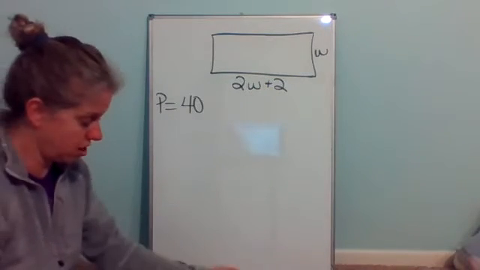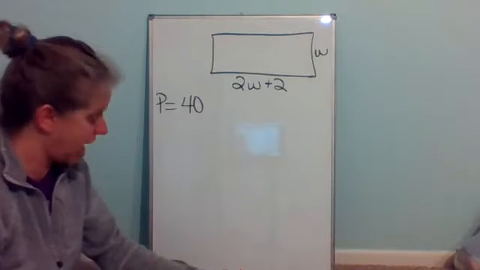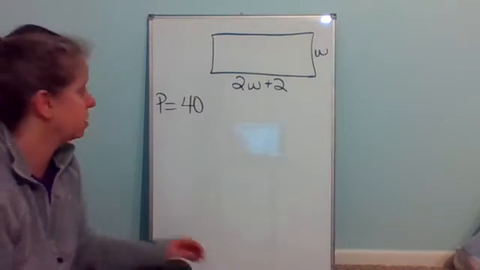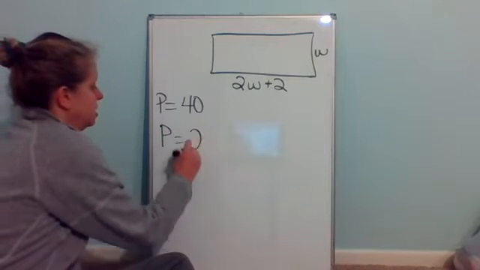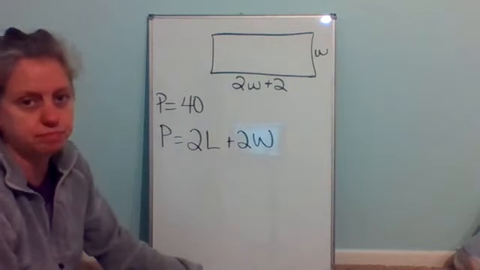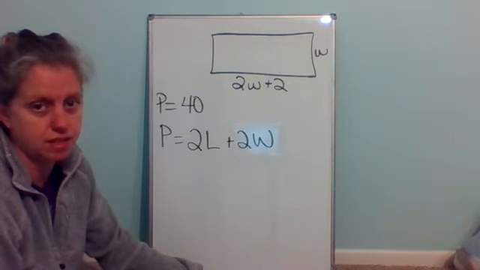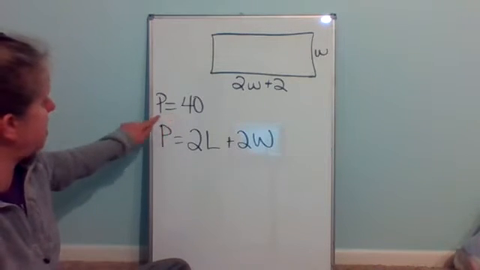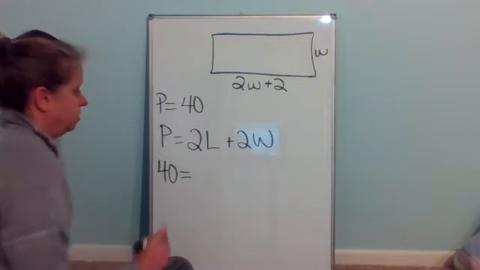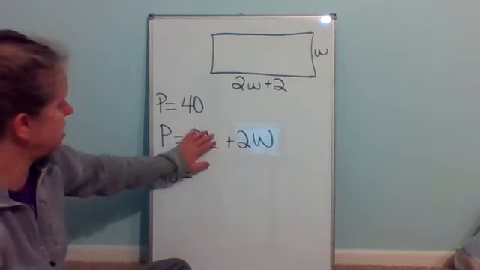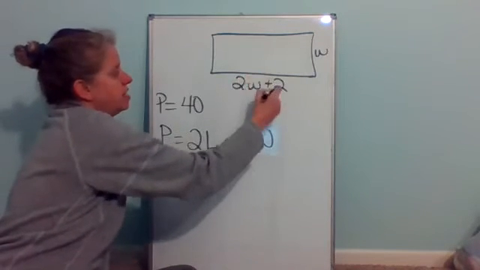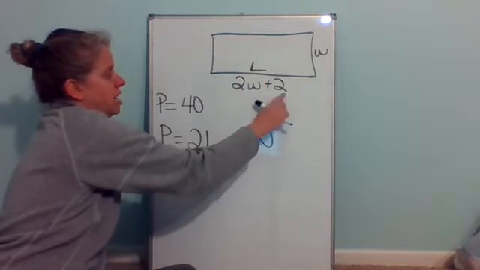So remember earlier on number 1, it gave you the formula for perimeter. The perimeter is 2 times the length plus 2 times the width. So let's see, we know what P is. We know it's 40. Now, I don't see anything that says L, but I know that that's my width. It tells me that this is the length. So that's actually my length.